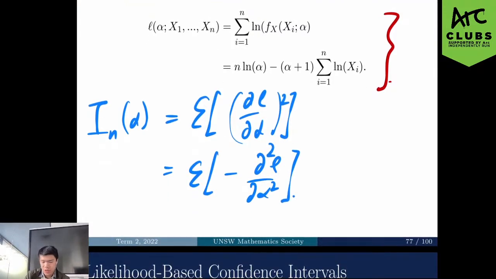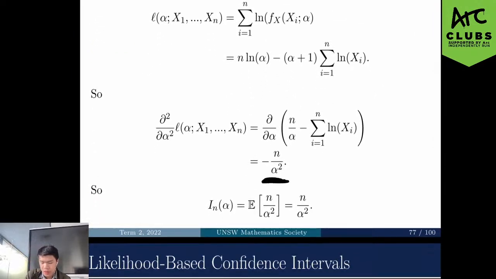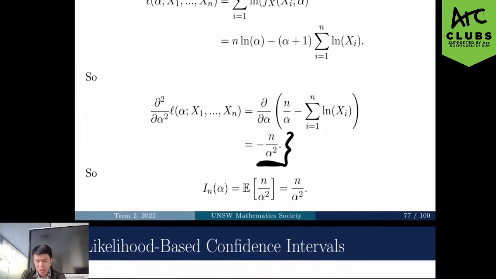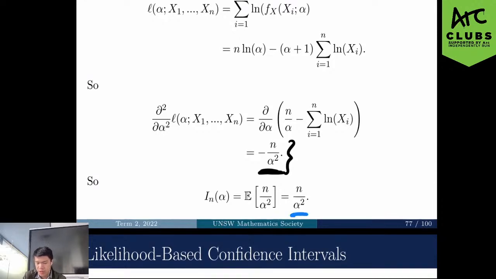Most of the time this second one is easier, so let's just do the second derivative. Second derivative, we end up with minus n on alpha squared, just by differentiating it again. So all we have to do is just take the expectation of that, take the minus, and then we got n on alpha squared. So it looks a bit weird that we're taking the expectation of something and we just get the same thing, but it's because there are no x's in here.